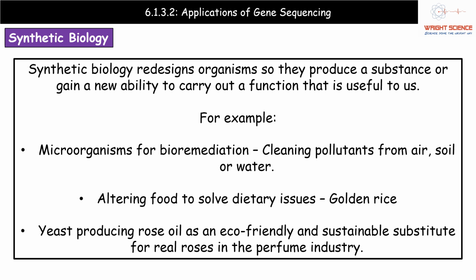Another example is using microorganisms for bioremediation. Now, bioremediation is this whole idea of using living organisms to basically clean something up. So thinking about pollutants from air, soil or water, we can use microorganisms for this. There are some microorganisms that love to feast on hydrocarbons.